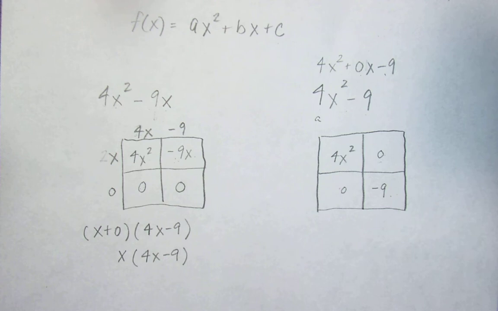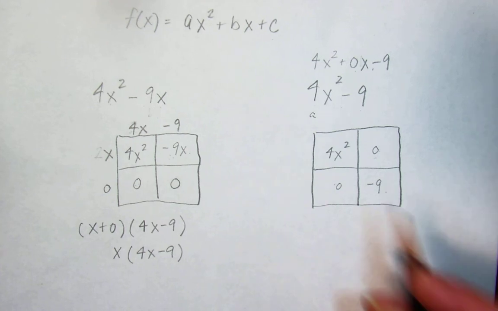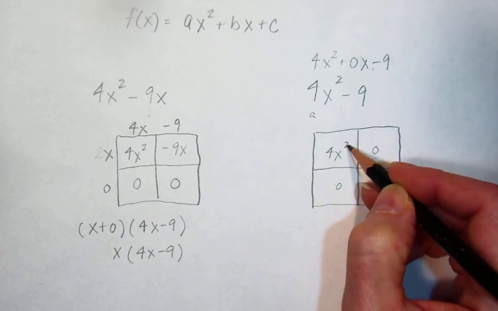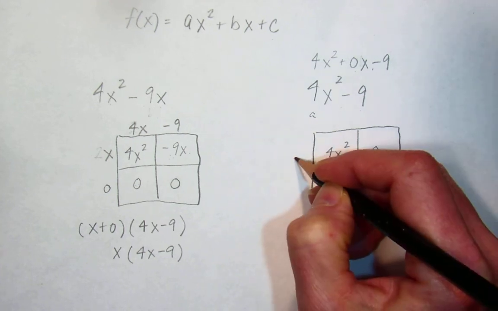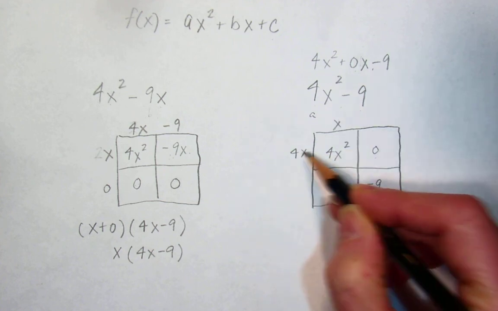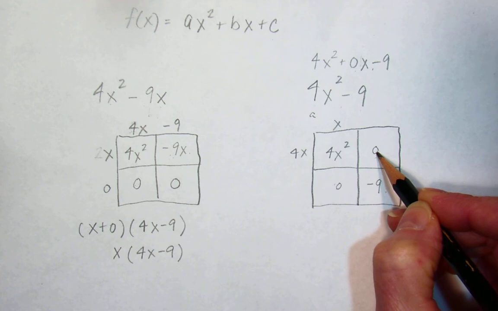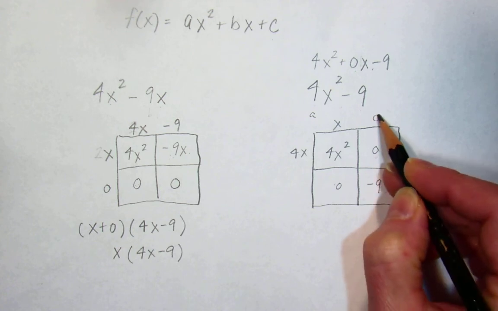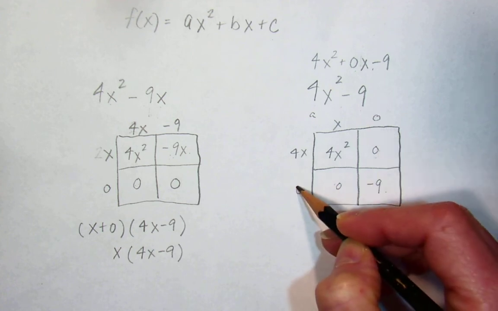But for the other one, the negative 9 is in a different spot. So let's talk about what to do there. If we did 4x squared, again, and we did 4x times x, then 4x times what would make 0? Well, that'd be 0. And this would be 0.